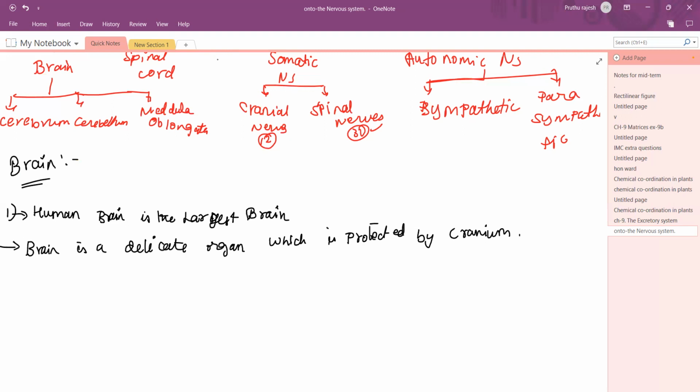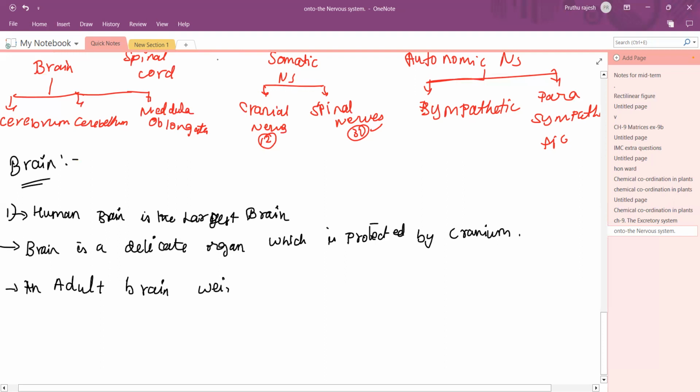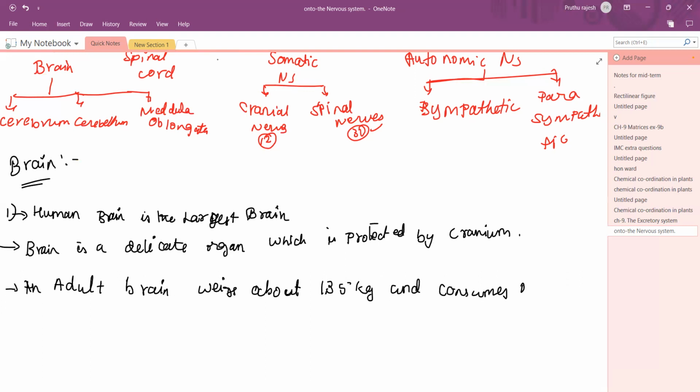Next one, an adult brain roughly weighs about 1.35 kilograms and consumes roughly 25% of total oxygen taken.